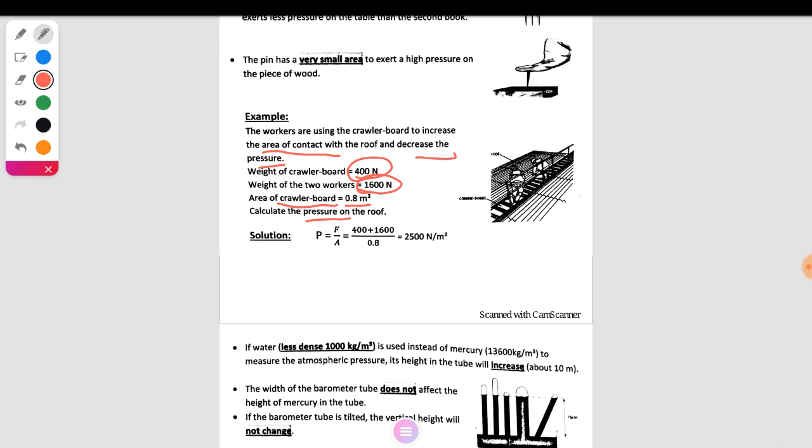The pressure equals force over area. The total force of the two bodies is 400 plus 1,600, divided by the area 0.1, so the resulting pressure is 20,000 Newton per meter squared.